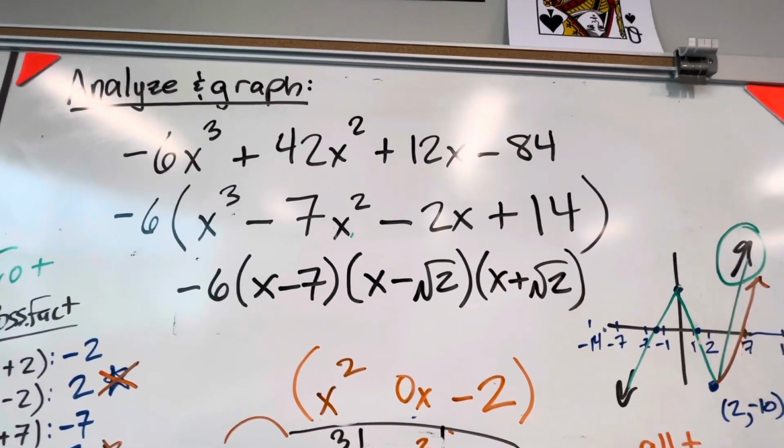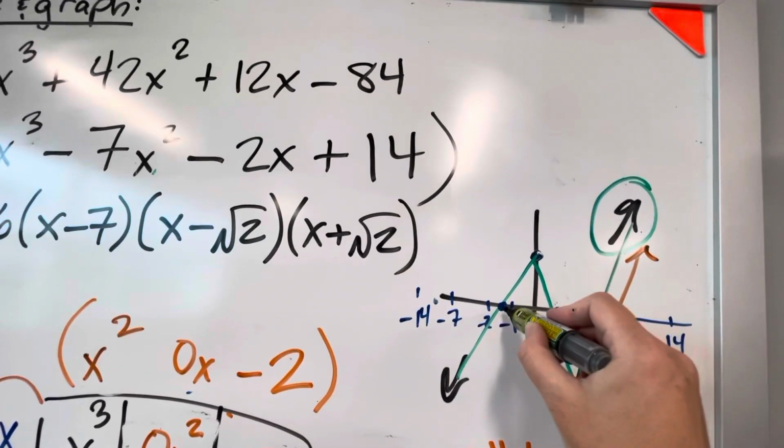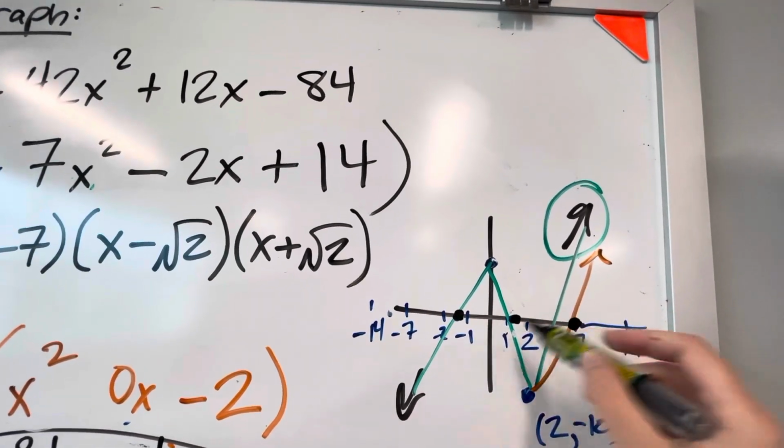And this is my final factored version. I can graph by plotting the negative square root of 2, the positive square root of 2, and 7.